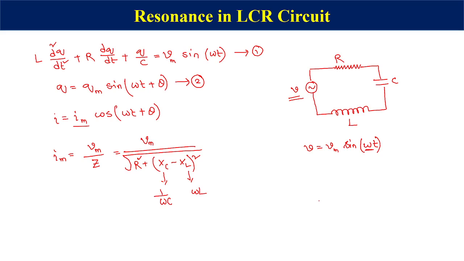So for an LCR series circuit driven by the voltage source at frequency omega, we have found the current expression, and now we will see what actually happens at resonance and what the condition of resonance is.